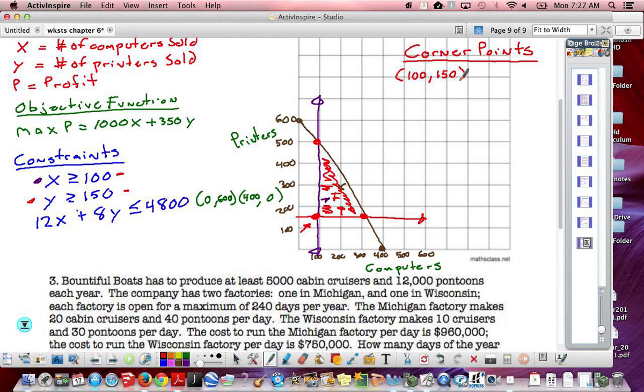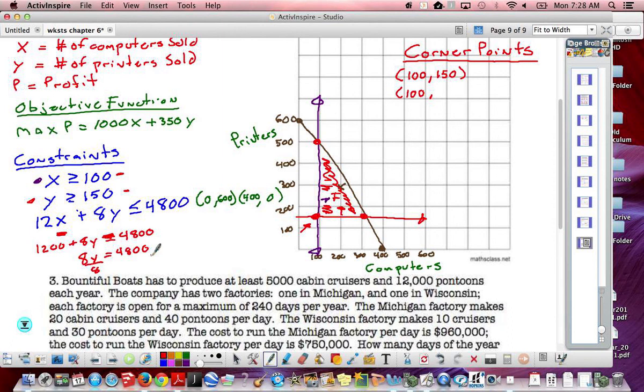Okay? So on this one right here, I know that x is 100. So if I plug 100 right here, I'll have 1200 plus 8y has to equal 4800, since it has to go into that one. So if I subtract, 8y has to equal 4800.